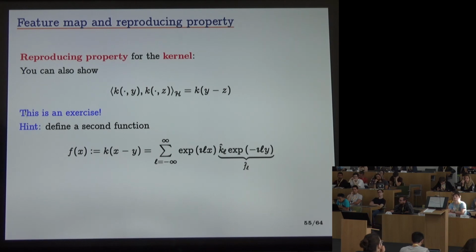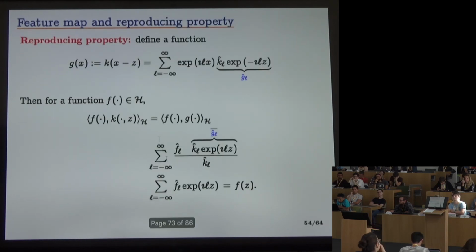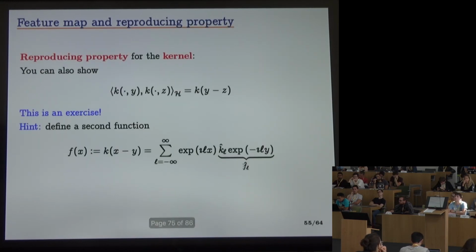Then if I take the dot product of this f with this g, which is to say I take the dot product of g hat L with f hat L, and then divide by kl, one of the k's will cancel, and I'll get back exactly the Fourier transform of my kernel. So I have shown the second property, this reproducing property, also holds.